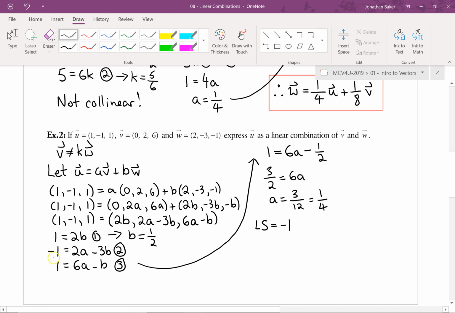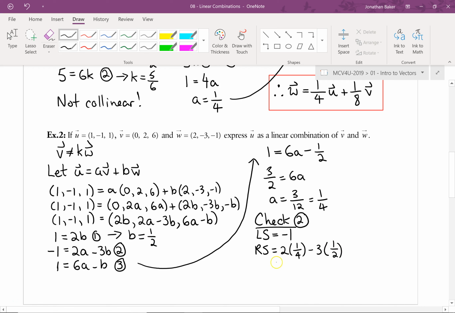For equation 2, the left side is equal to -1. The right side is equal to 2 times a, which we know is 1/4, so 2 times 1/4, minus 3 times b, and we know that b is 1/2.